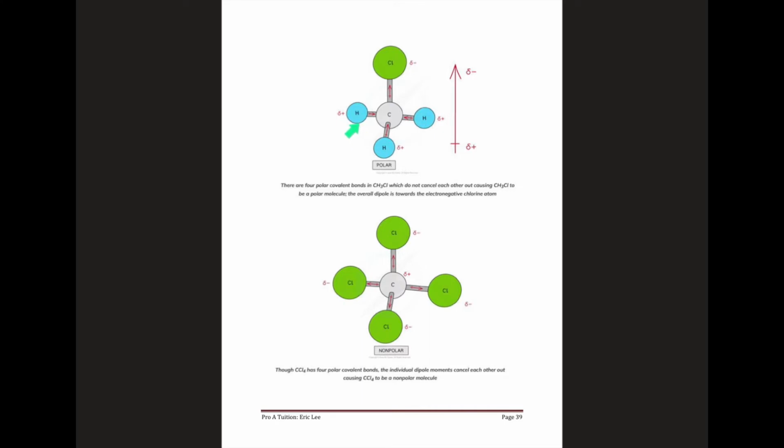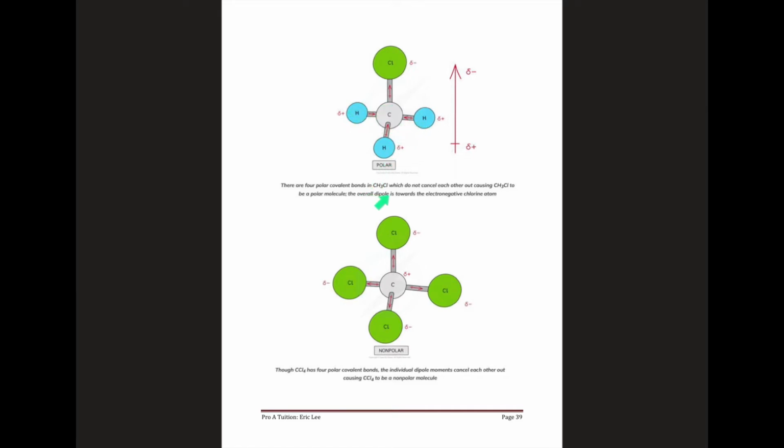This one has a dipole moment. Why? Although this is tetrahedral, it has polar covalent bonds. And this C-Cl bond is more polar compared to this and this.